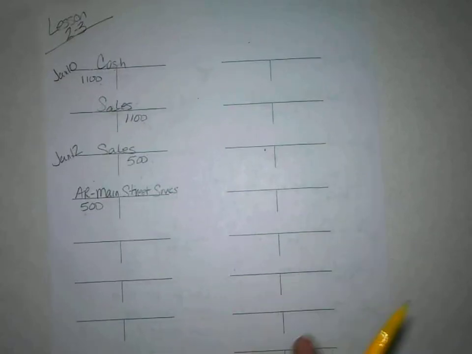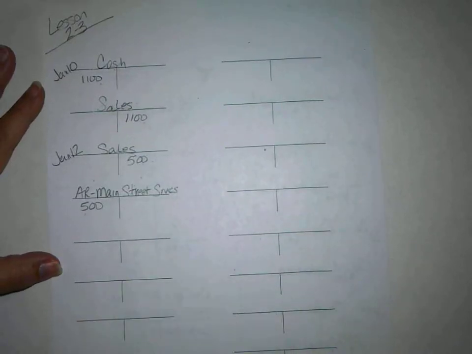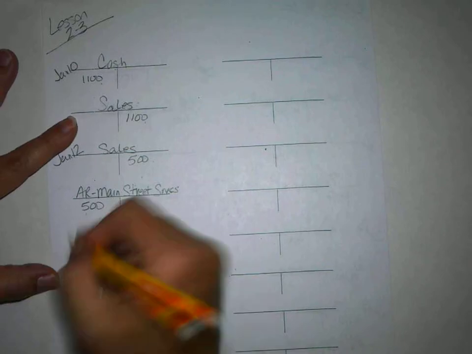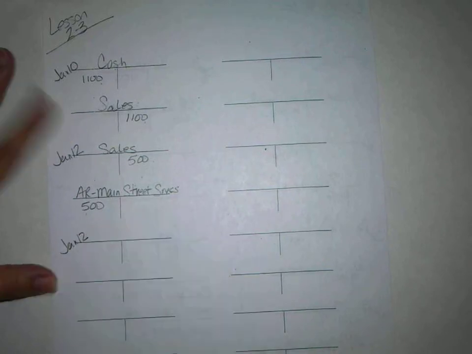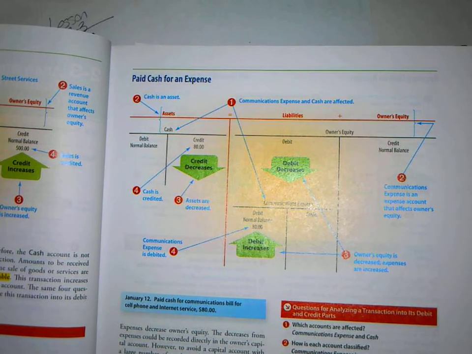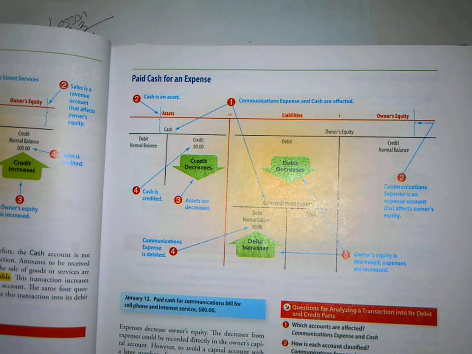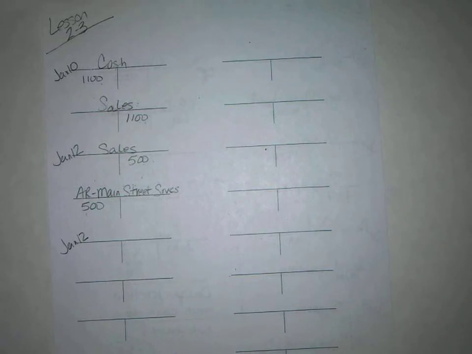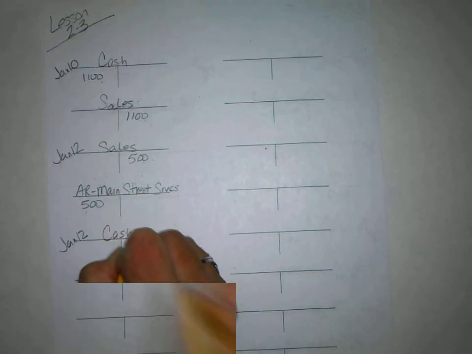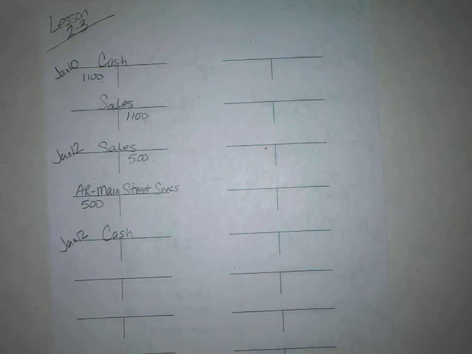All right, and another one on January 12th. Paid cash for communication bill for cell phone and internet, so $80. So cash, and then this is one we usually have to look up.